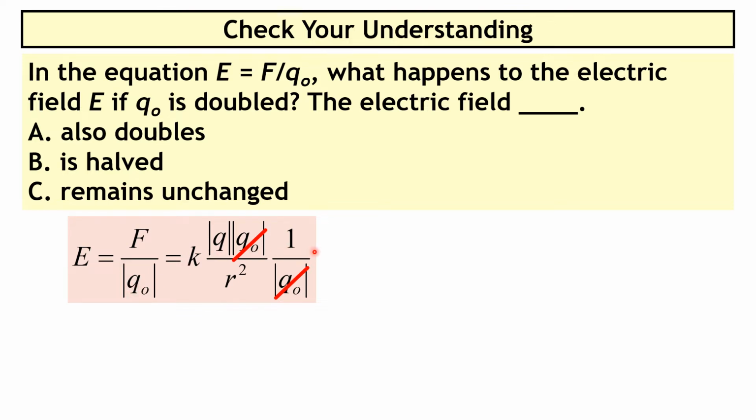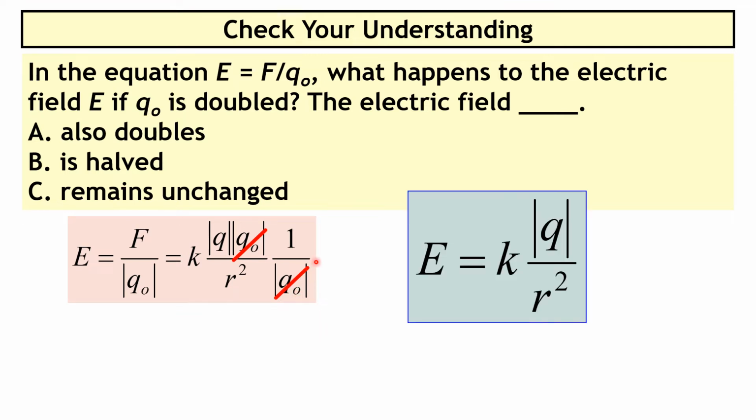So if you notice, the value of F will be divided by the value of Q naught. So there is Q naught appearing in the numerator as well as in the denominator, which obviously can be cancelled out.